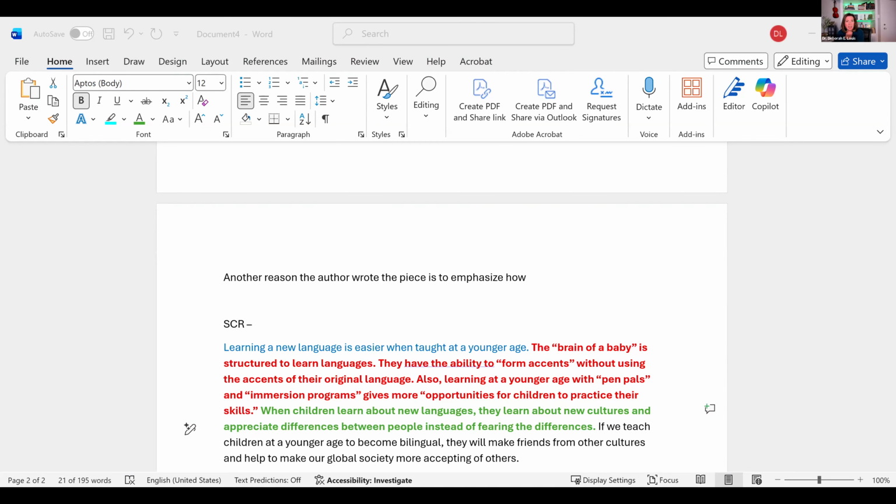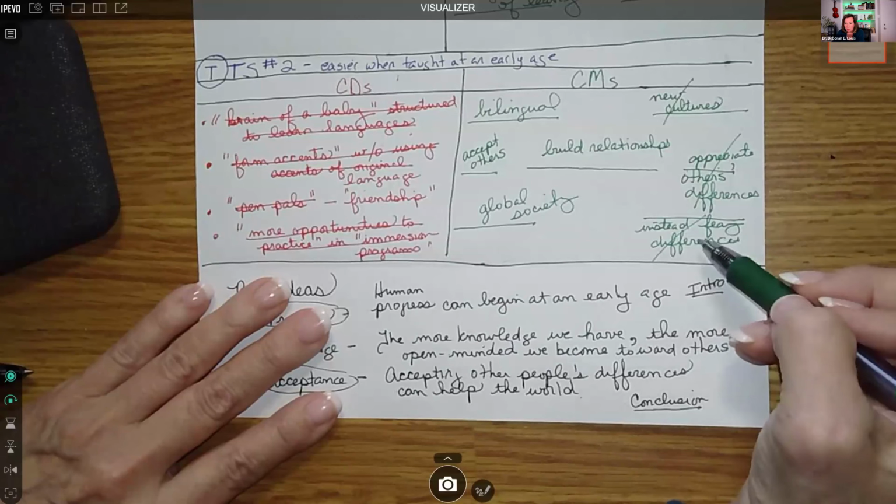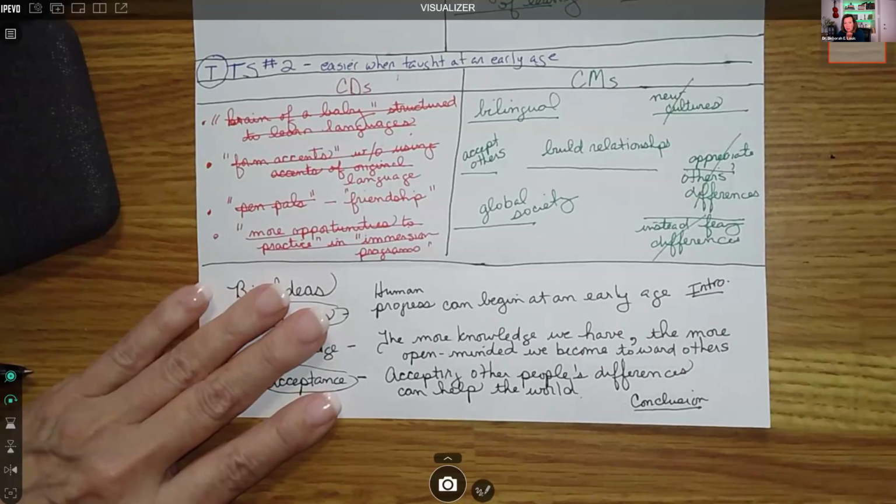That's what I did right there. And then, watch this. Hold on, you can see this. See? New cultures appreciate others' differences instead of fearing differences, right?